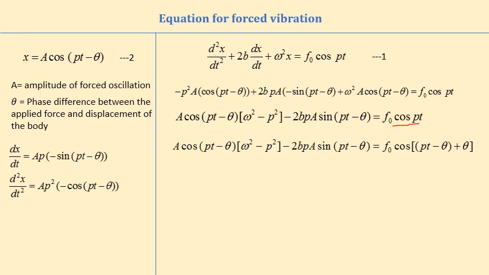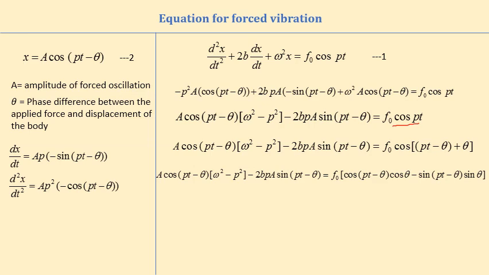So this is in the form cos(a + b), so we can write it as cos a cos b - sin a sin b. Therefore our expression becomes A cos(pt - θ)(ω² - p²) - 2bpA sin(pt - θ) = f₀ [cos(pt - θ) cos θ - sin(pt - θ) sin θ].